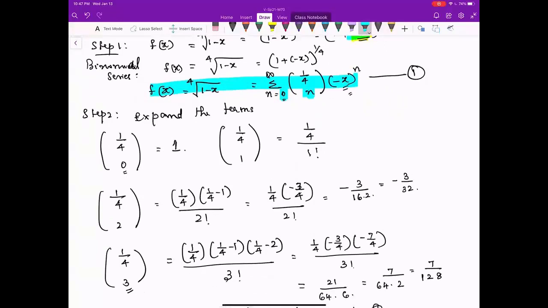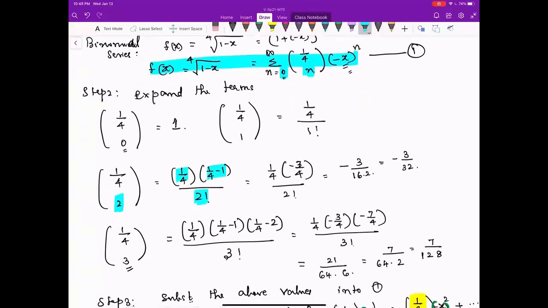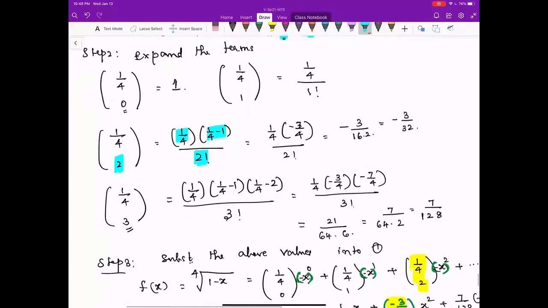Then 2 chosen out of 1/4, so you have to have 2 factors always, as many as the number shown below. Then whatever that number is goes in the denominator as a factorial. If you reduce that, it becomes negative 3 over 32. Then 3 chosen out of 1/4 becomes 7 over 128.